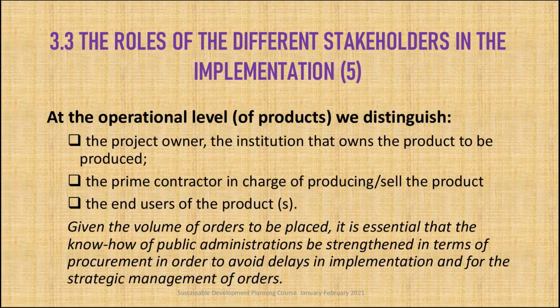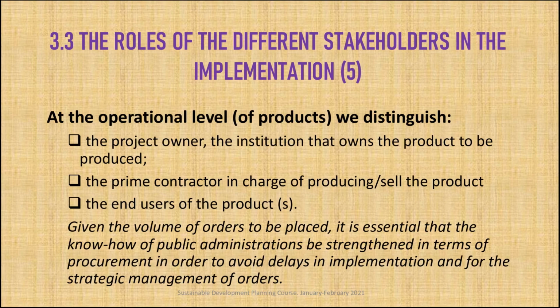What are the roles of the different stakeholders in the implementation? At the operational level of products, we distinguish the project owner, which is the institution that owns the product to be produced. Second, we have the prime contractor, which is in charge of producing or selling the product.